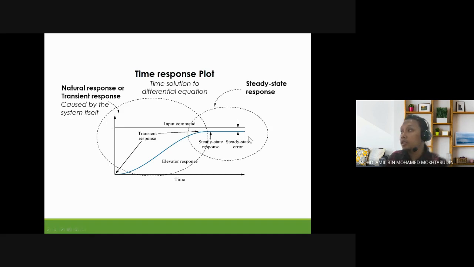And then the steady state response here is caused by the input. It's not really important here. There will be no question asking you what is natural response or what is steady state response, but it's worth understanding the meaning of each.